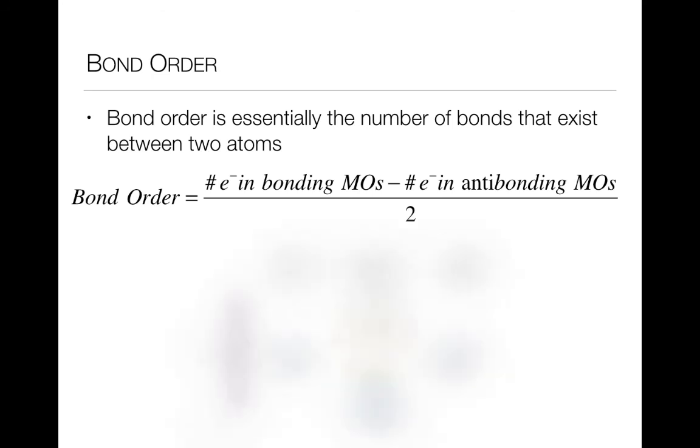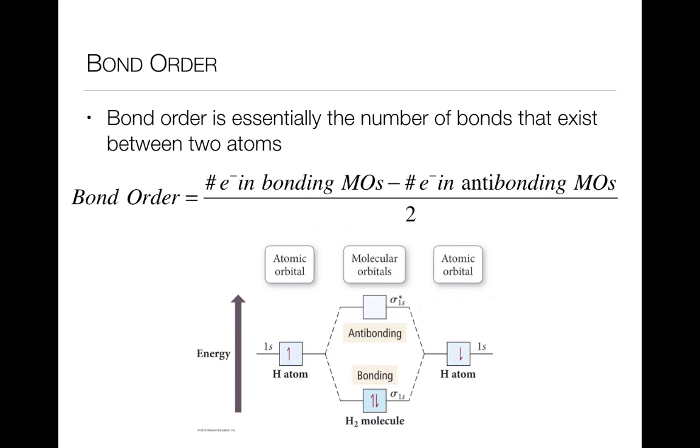And we can take a look at our hydrogen molecule here. We saw this in lecture 19. We've got our bonding and anti-bonding molecular orbitals, the sigma 1s for bonding and sigma 1s star for anti-bonding, and we've got 2 electrons, 1 for each of those hydrogen atoms. So this electron is going to come down into the bonding, this electron is going to come down into the bonding, and give us 2 electrons down there.